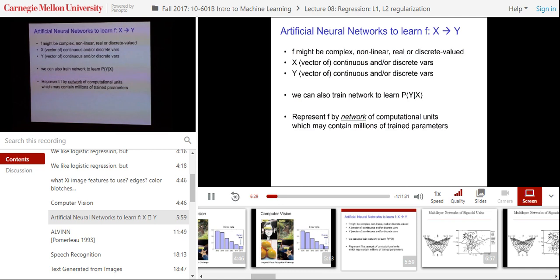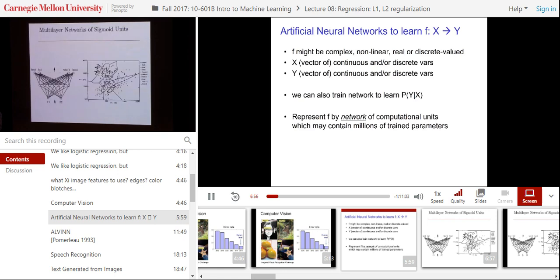And we represent the function by a network of computational units, usually in a fixed network structure, but each of those units can contain one or more parameters that get trained as part of the overall training of the network. And there can be many millions of parameters, in fact.